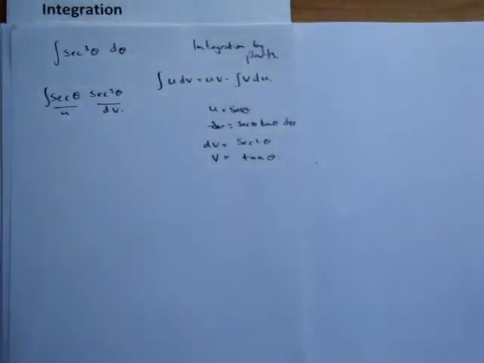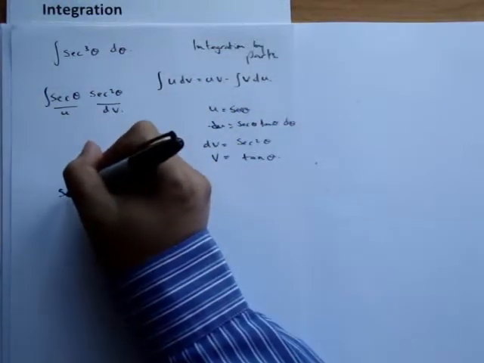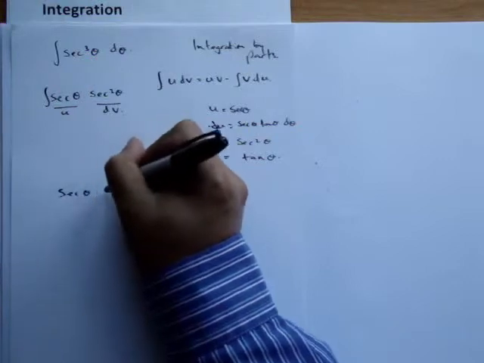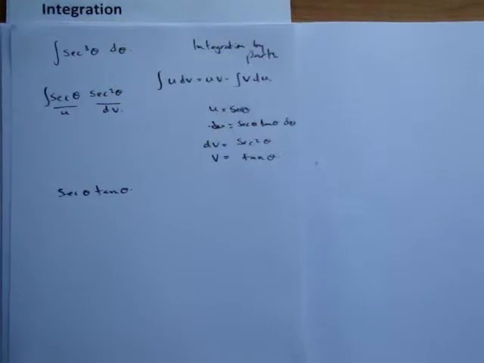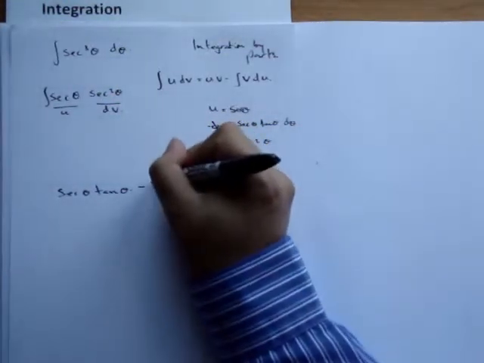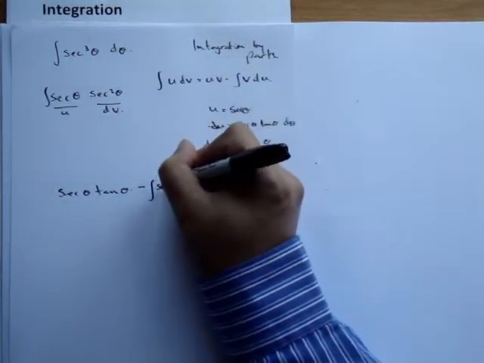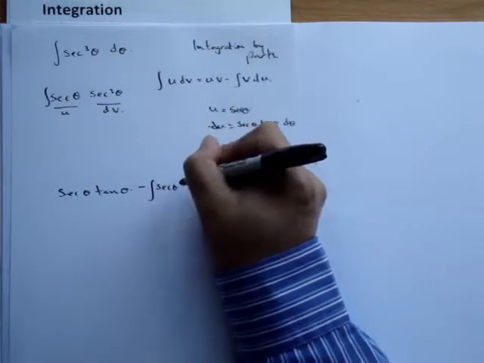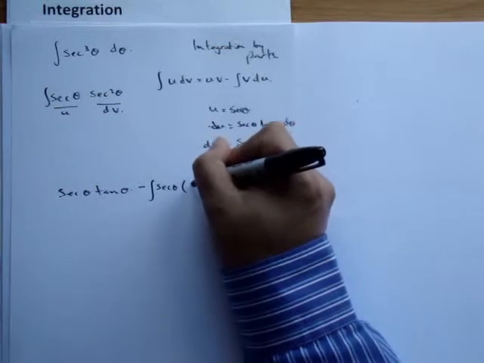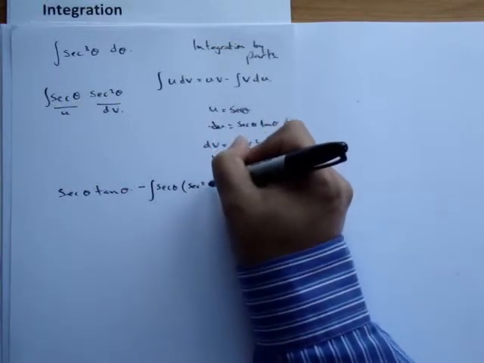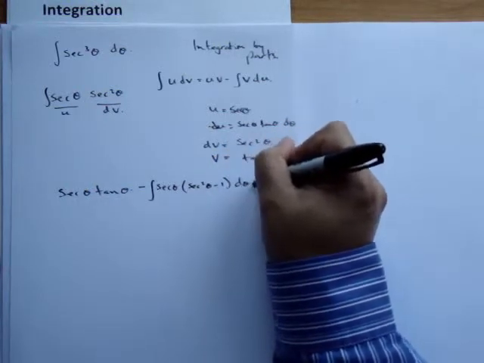So now we just substitute back into our formula. So we get secant theta tan theta, that's our uv, minus the integral of secant theta, and our tan squared theta becomes secant squared theta minus 1 d theta.